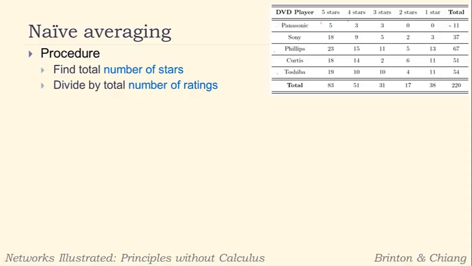So it's a very simple procedure. We can do this for the Panasonic as follows. We have 5 five-star reviews, that's 5 times 5, which is 25, plus 3 four-star reviews, so 3 times 4, which is 12, plus 3 three-star reviews, which is 3 times 3, plus no 2 stars, so 0 times 2, plus no 1 star, so 0 times 1.